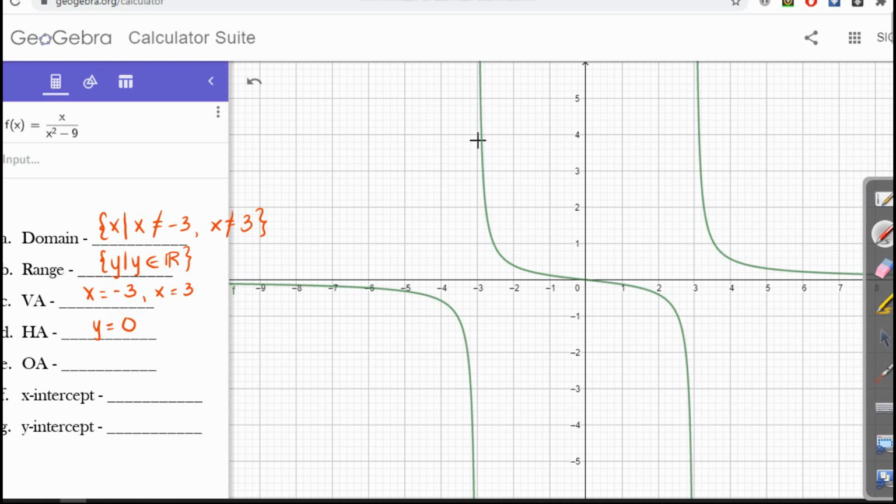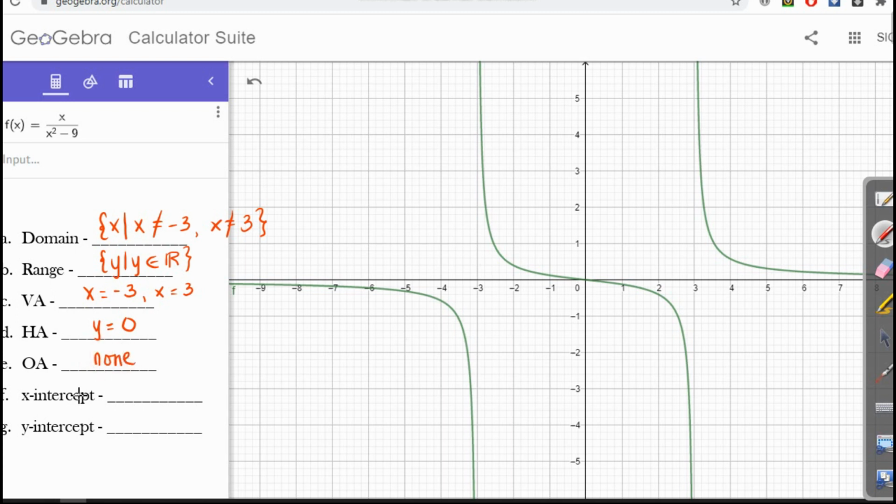However, in the middle graph, as you can see, this graph passed through y equals 0, and that is possible. Remember, in the previous slide, I told you a rational function may or may not cross the horizontal asymptote. How about the oblique asymptote? Since the HA exists, the oblique asymptote does not exist in this example.